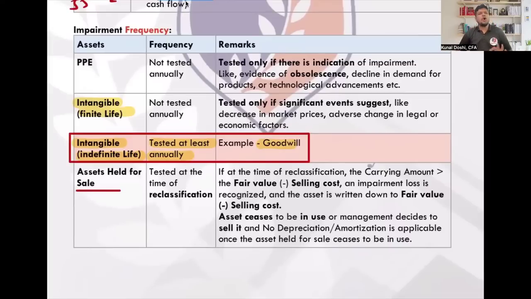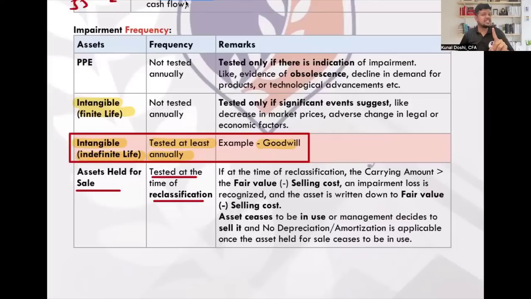Okay. One last thing that you need to know: suppose a company has two types of asset, an asset which it is going to use, and an asset which it is planning to sell off. Asset which you're planning to sell off, you need to first test them for impairment and reclassify them from asset held for use to asset held for sale.